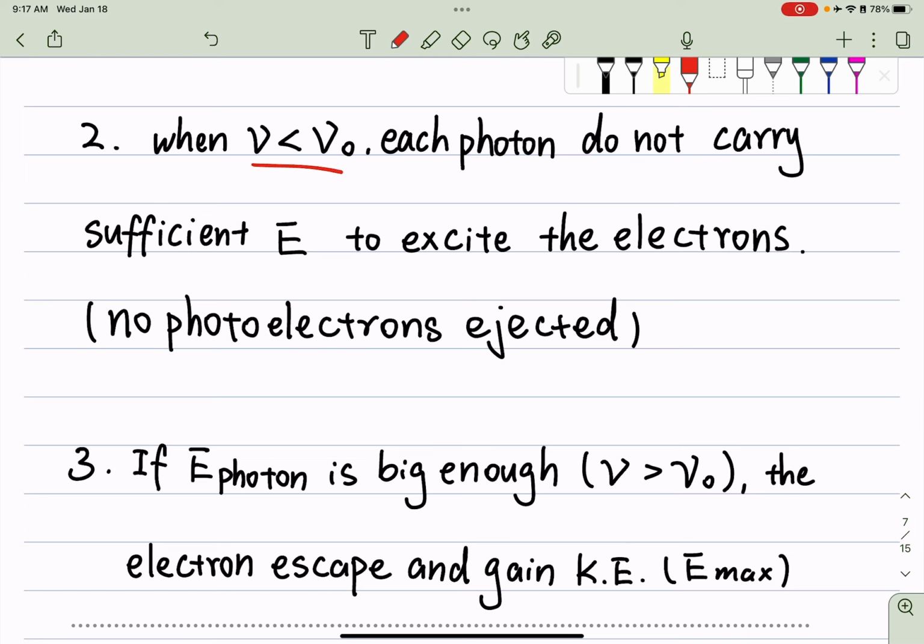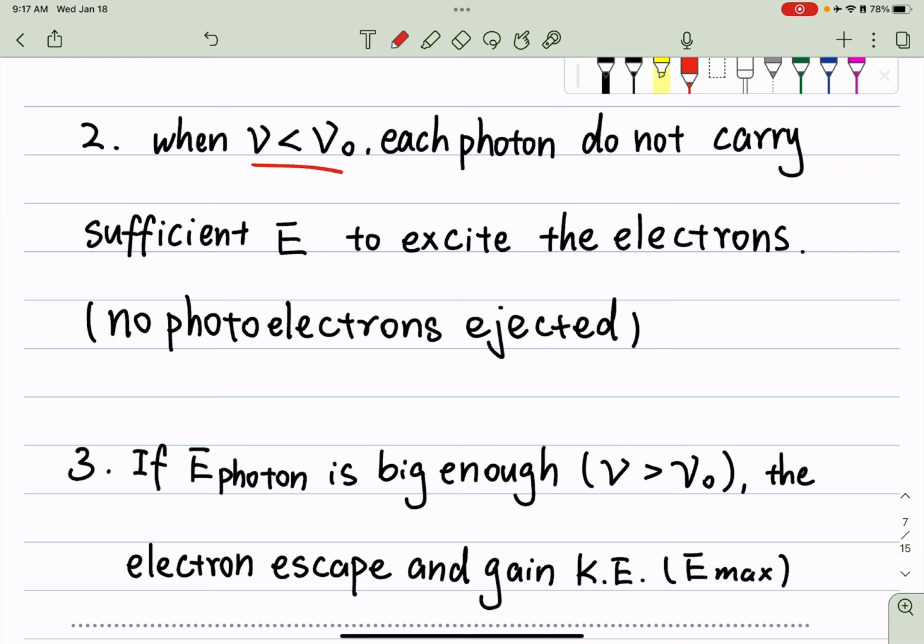Depending on the frequency of the light, it may or may not have enough energy to activate that electron. So that means when the frequency of the light is smaller than the threshold frequency, we have no photoelectron ejected. And when the energy of the photon is big enough, the electron can escape and gain certain kinetic energy.